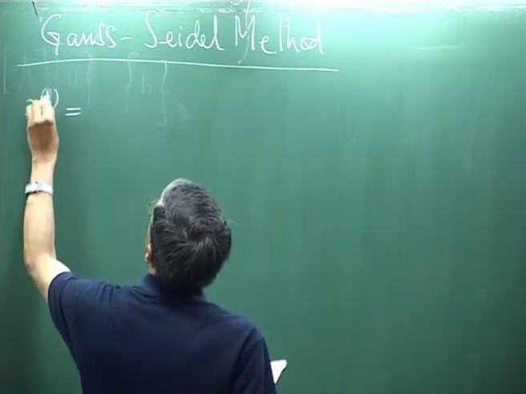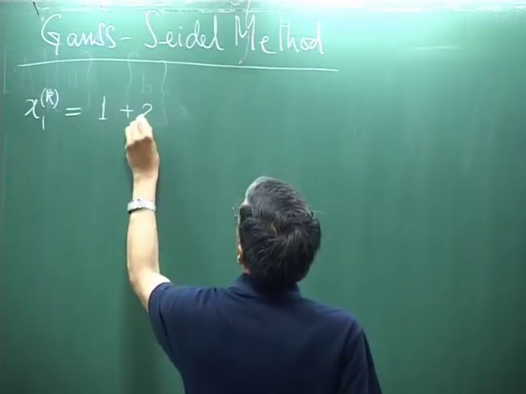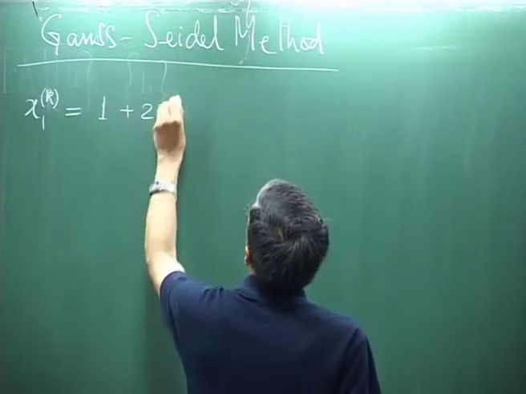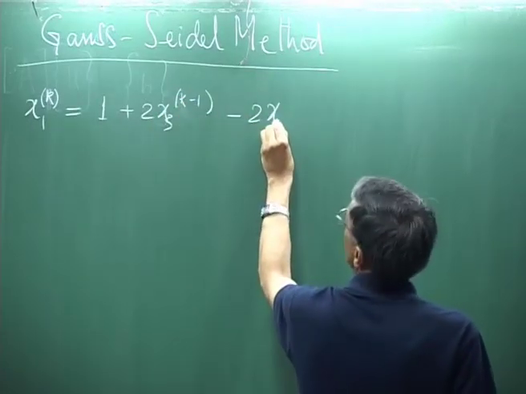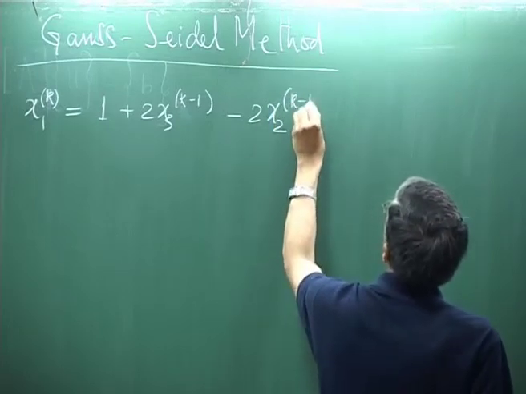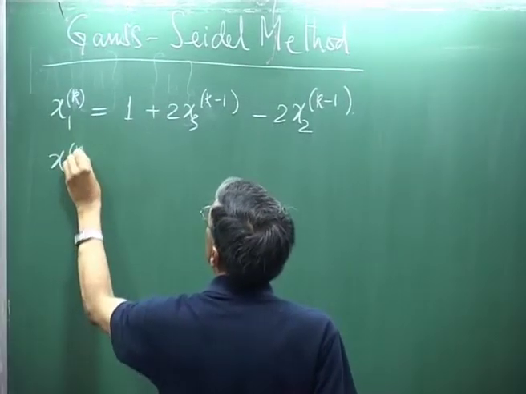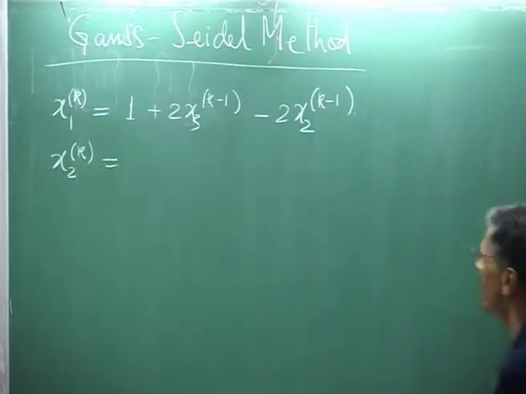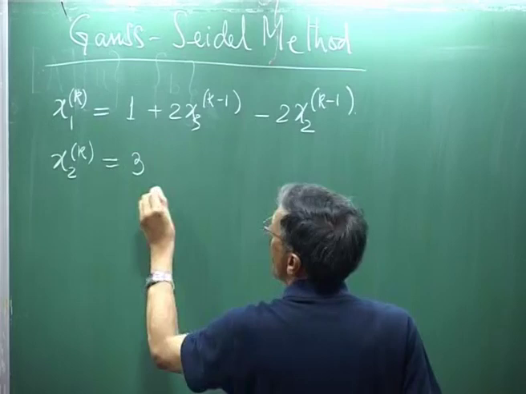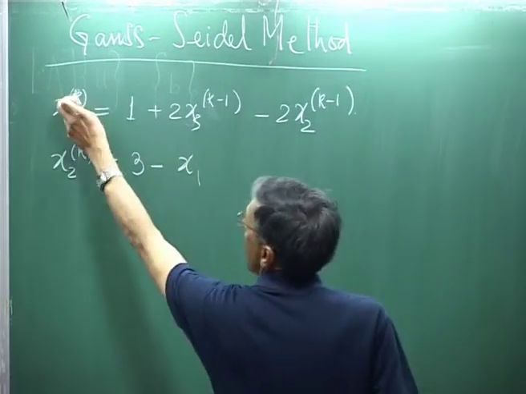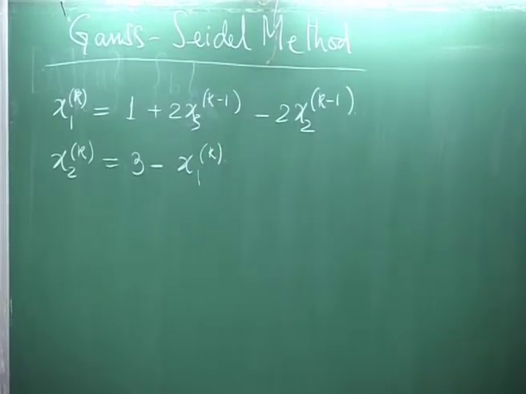So if I call this the kth iterate for x1, then I will probably have an identical step to what we had done for the Jacobi method. However, when I come to evaluating x2, because it's Gauss-Seidel, if I already have something available, I will use that current information. So the x1 being evaluated here, I will put it like this, right?